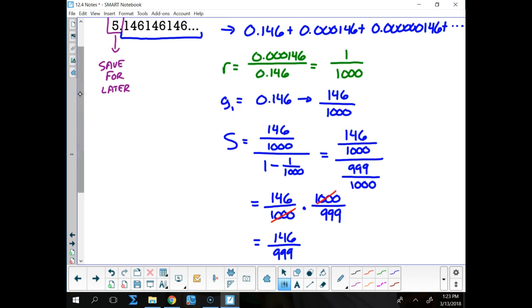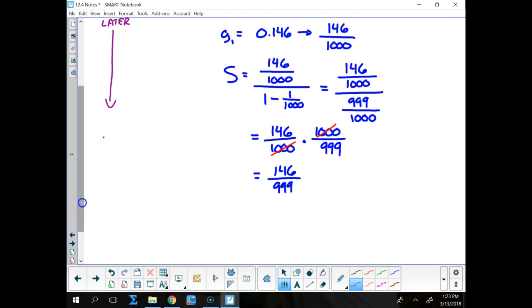No, because now what? We got that 5 hanging out there yet. So for the final answer, I'm going to take this 5 and add that to my fraction.